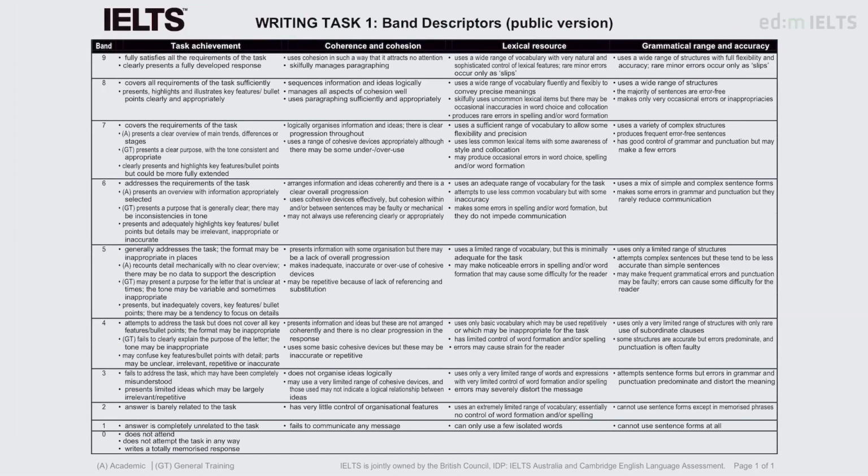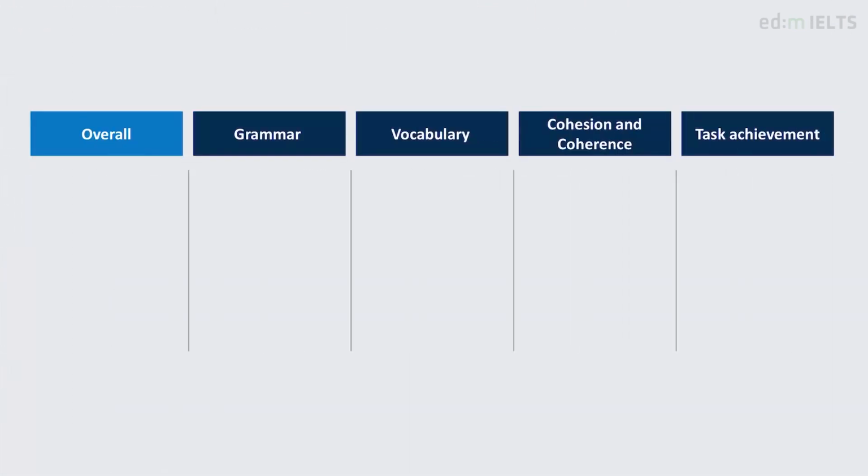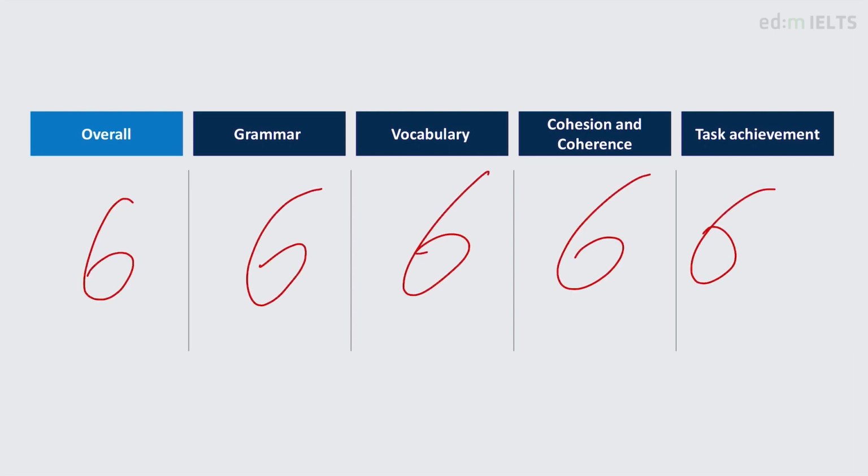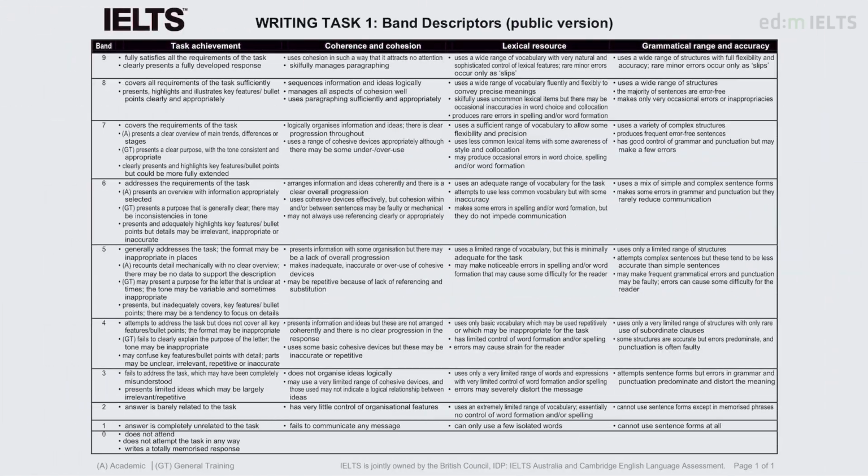So moving on to the scores, I would give this, I came up with all sixes. 6 overall, 6 for each part. Why?